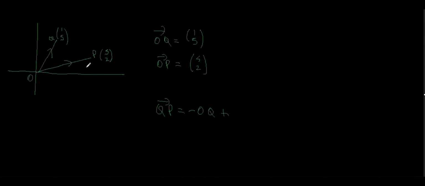Now plus, since I went from Q to O with negative OQ, now I'm at O, I would have to add OP. And this is simply done by adding the corresponding X's and the corresponding Y's.